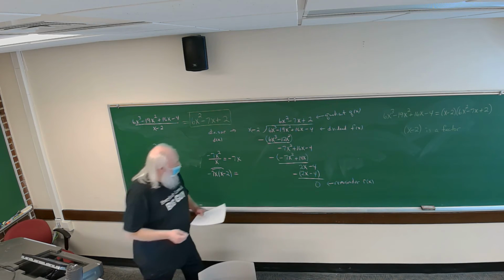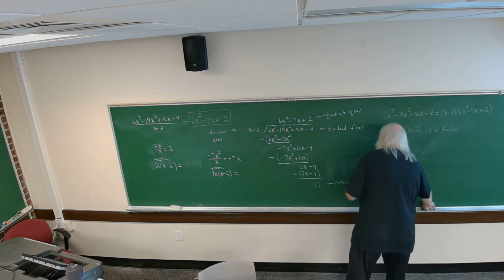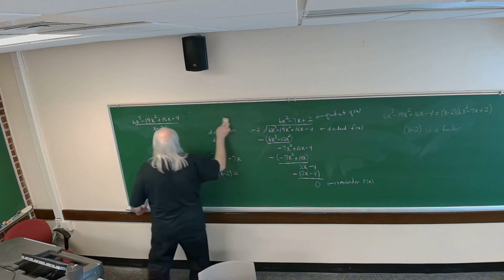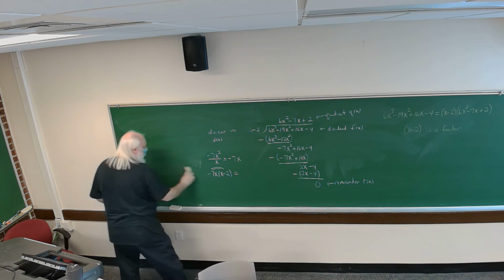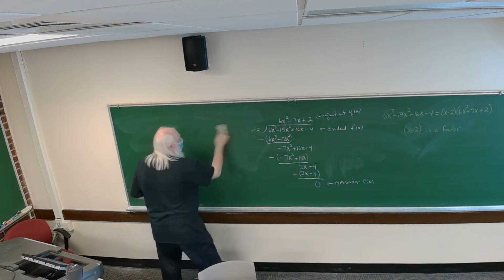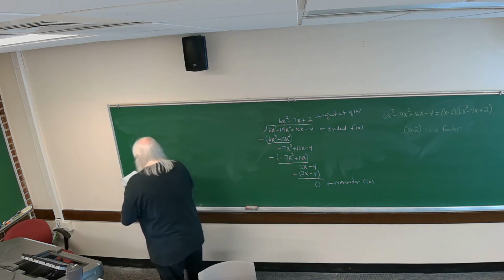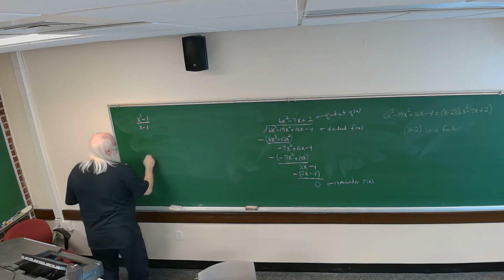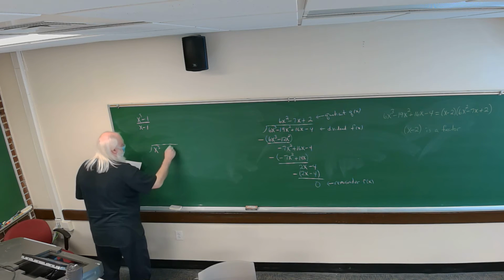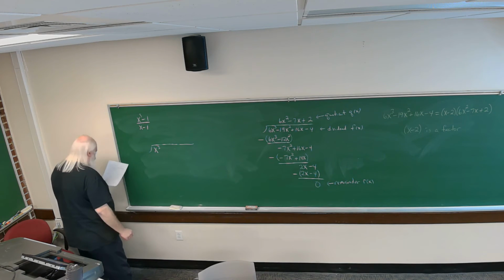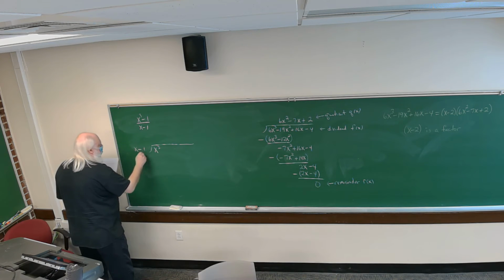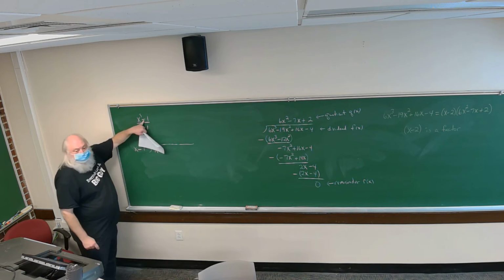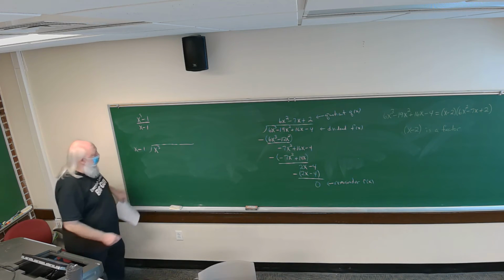So let's take a look at B. I'm not going to do the long division, but I'll set it up for you and then you verify my answer. In B, we have x cubed minus 1 over x minus 1. To set it up, x cubed minus 1 is the dividend, and x minus 1 is the divisor. Now you notice there's no x squared or x term, so you have to make room.